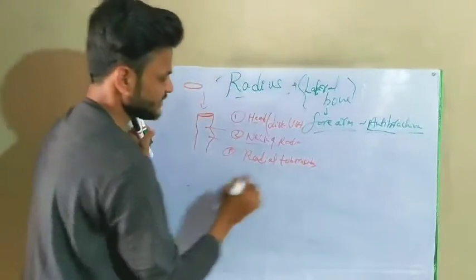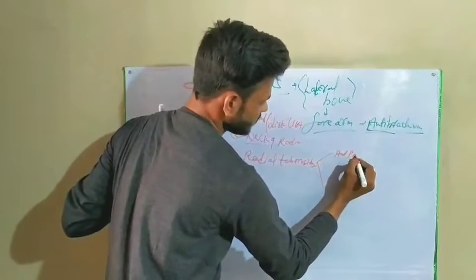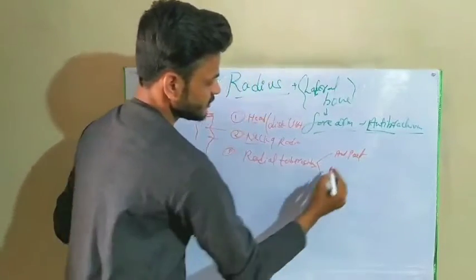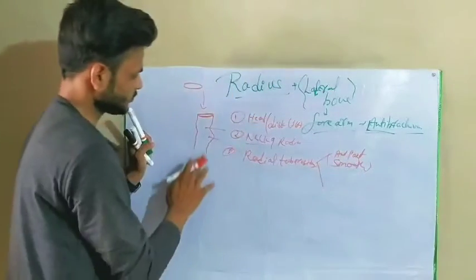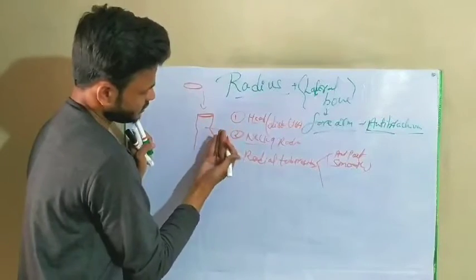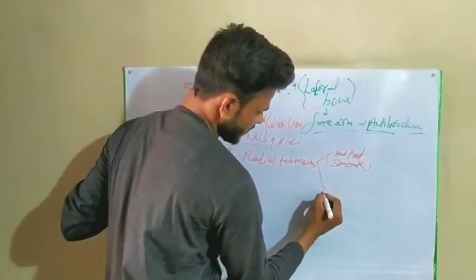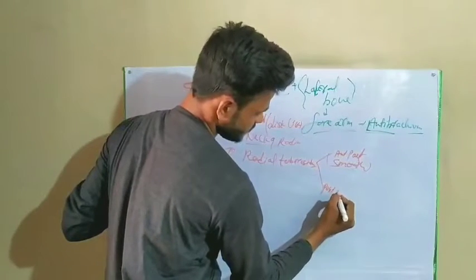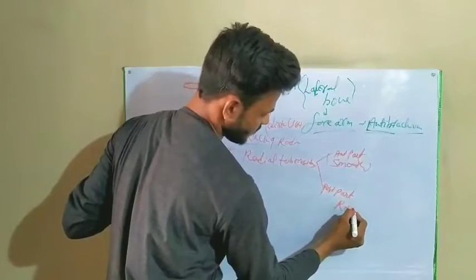The radial tuberosity has an anterior part, which is smooth, and a posterior part, which is rough.